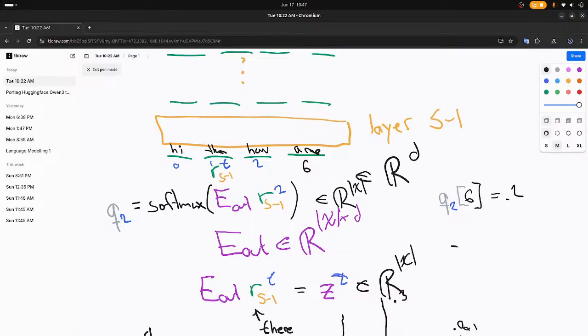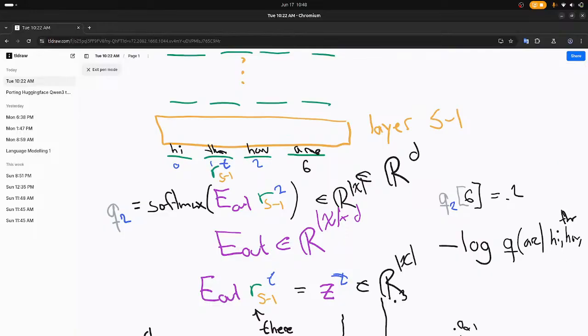Well, if we use the definition of surprise, and that was his model of text, it was minus log q(are | hi there, how), which is minus log 0.2. That is how surprised he is.